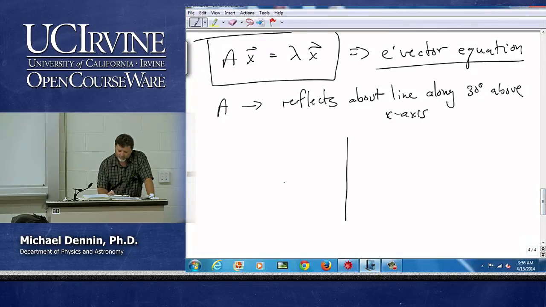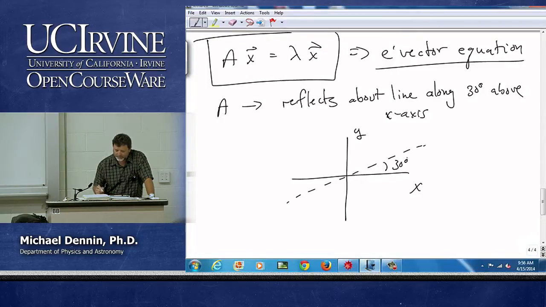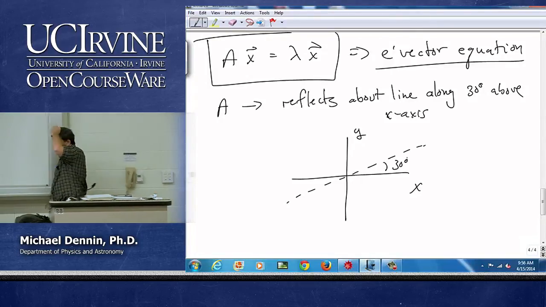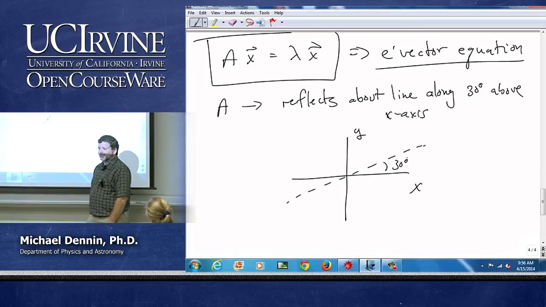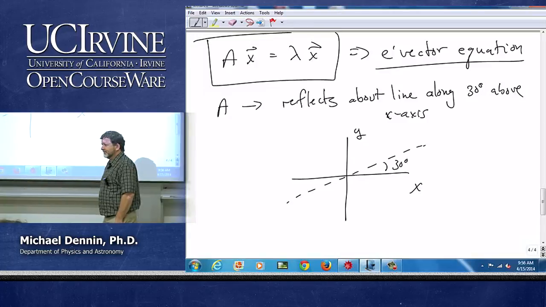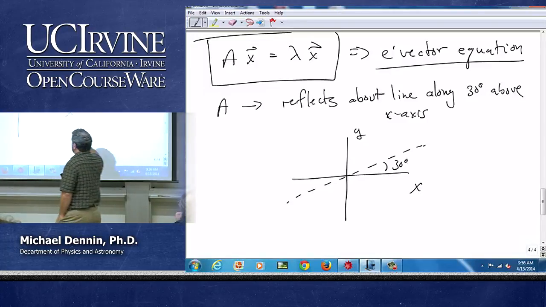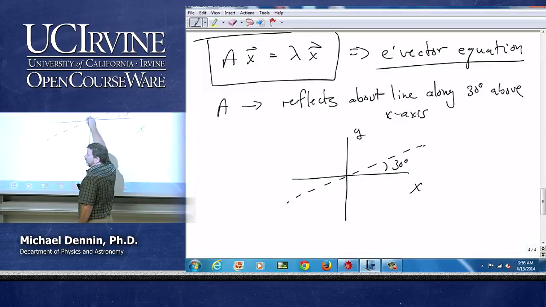So here's my xy. Here's my line 30 degrees. What are the two eigenvectors of A? The 30-degree line and the one that's perpendicular to it. Why? Because if it's on the 30-degree line, reflecting about it is just going to keep it on that line. And the one perpendicular is just going to flip it to the opposite side.